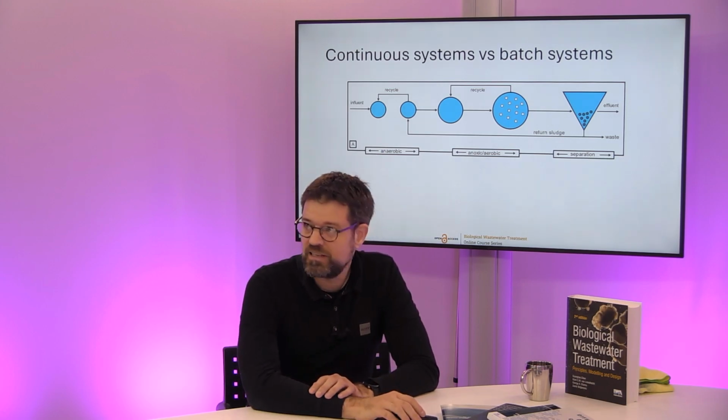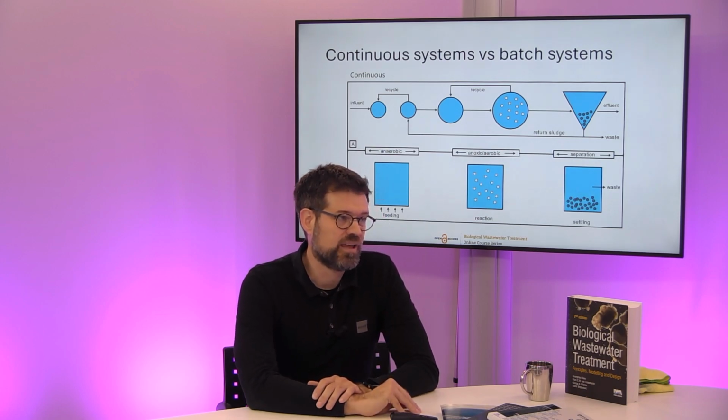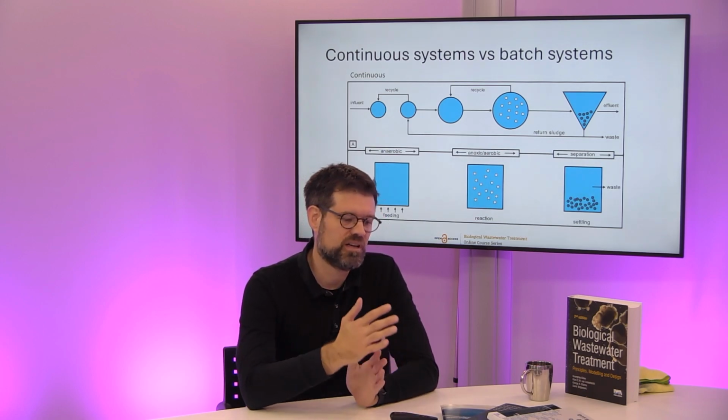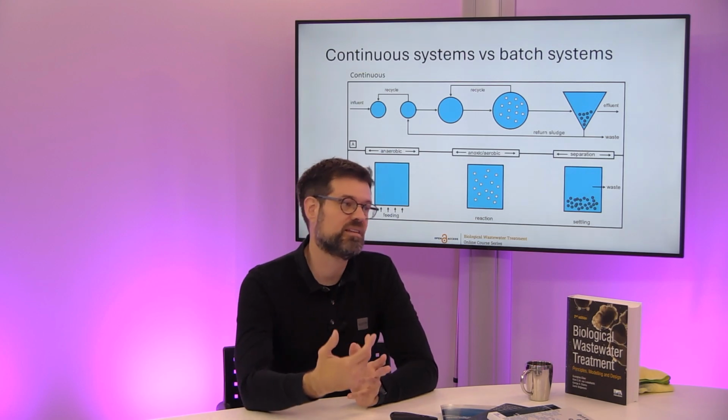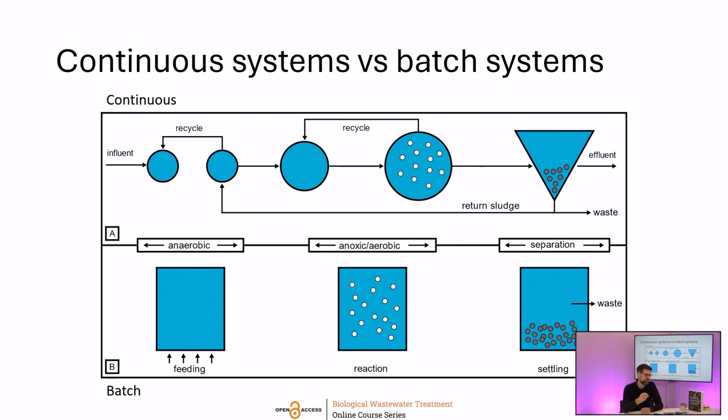That's a good question, Annie. It's basically the same. The only thing is that in a batch system, not everything is happening at the same time at different spots in the treatment plant, but all processes are done in the same reactor, and in time the conditions vary.